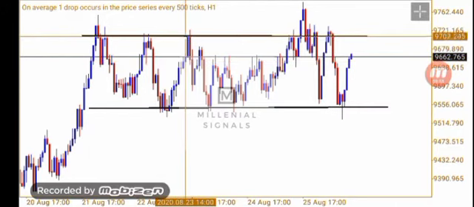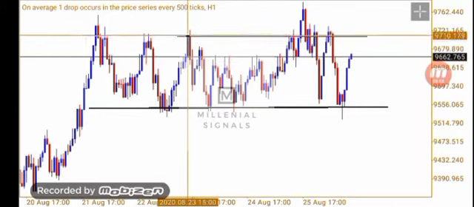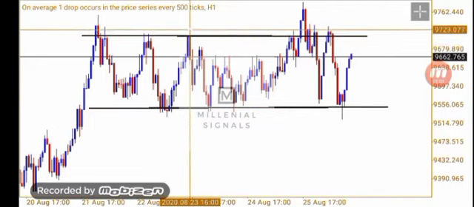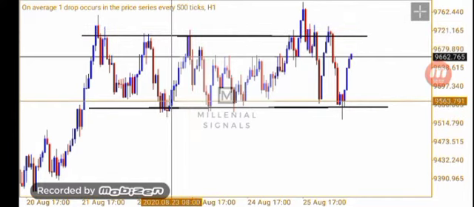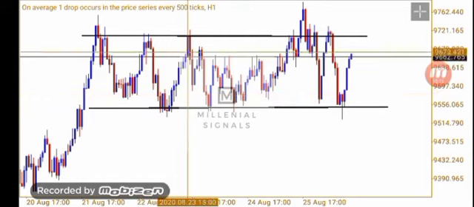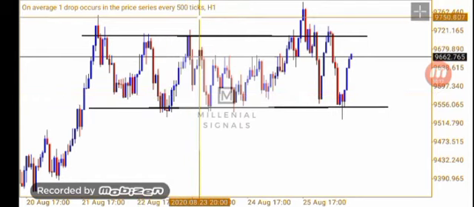And you can see it made a power move into the key level, into resistance here at the top. And you can see the candlesticks. These are large bodied candlesticks, telling you that you should sell from resistance.